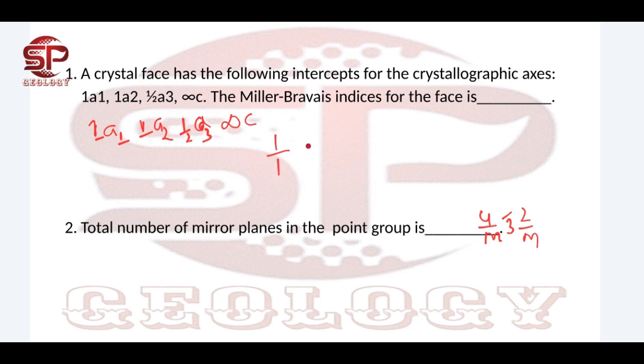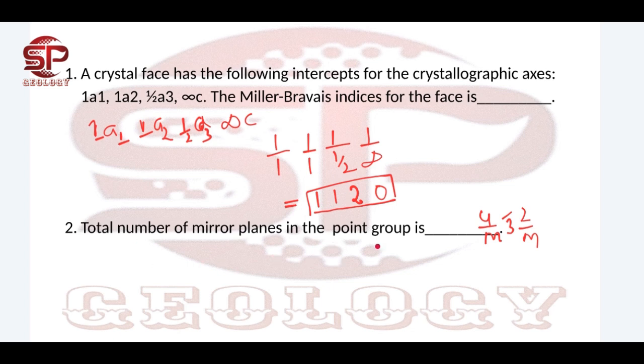Just take the reciprocal: one by one, one by one, one by half, one by infinity. It will be 1, 1, 2, 0. So the answer is 1, 1, 2, 0. Just take the reciprocal.